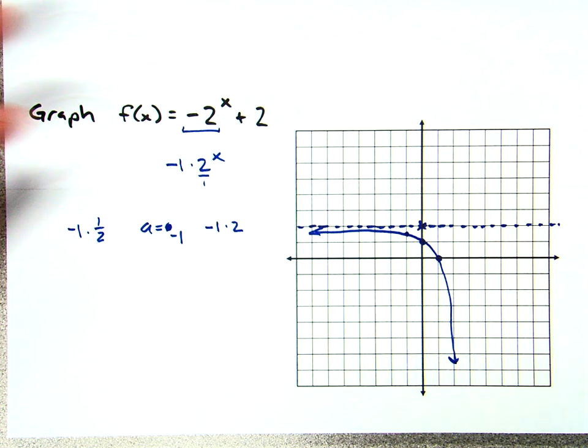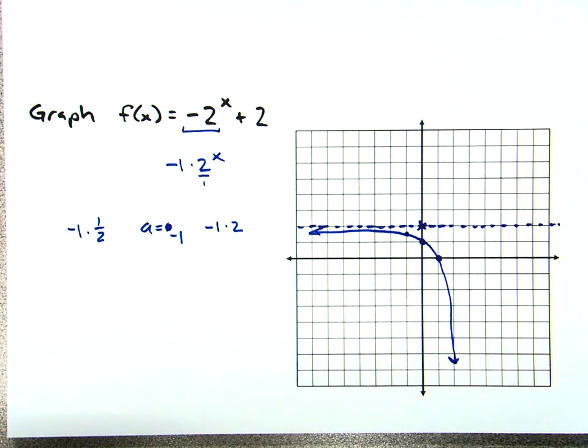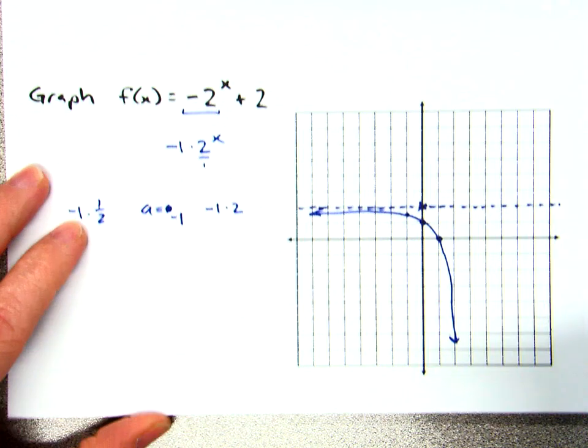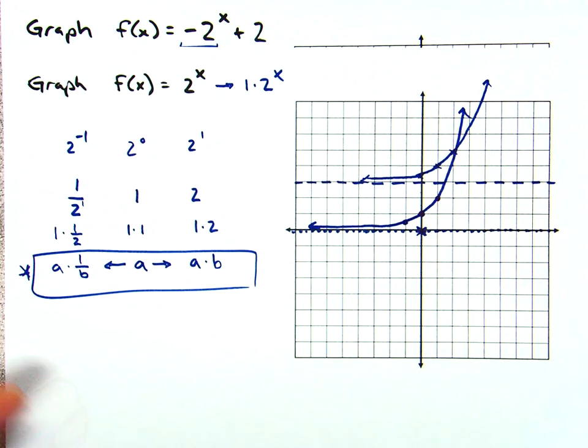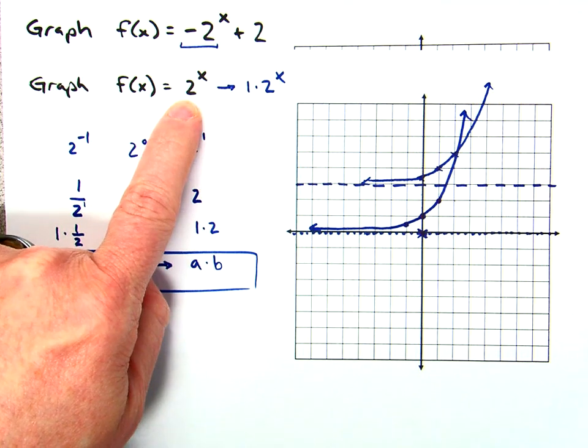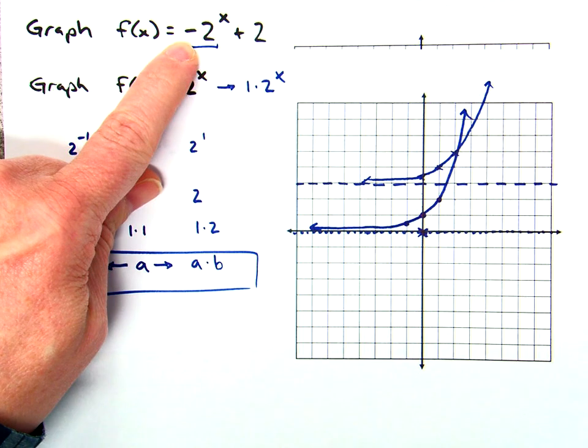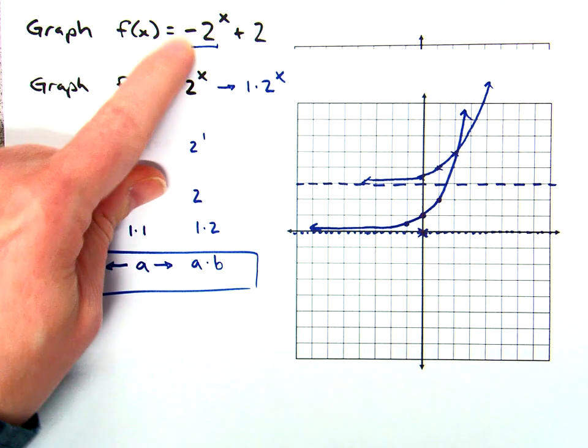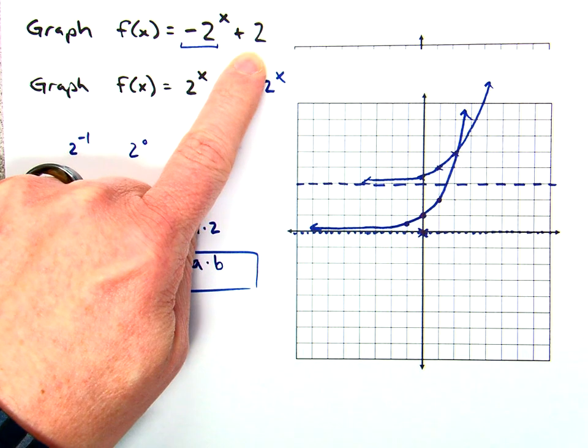Right? So think of the transformations that we talked about, like what A does, what H and K do. We can see that if we took the original shape, we know that this function is going to reflect over the x-axis, and it's going to move up 2 units.